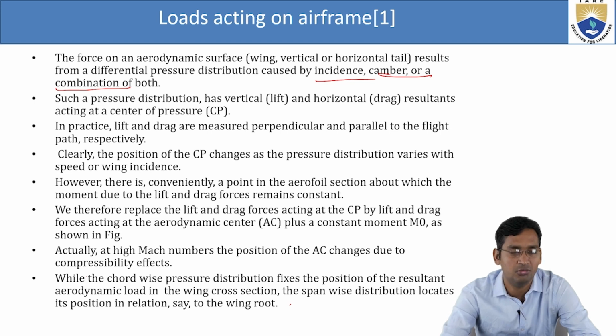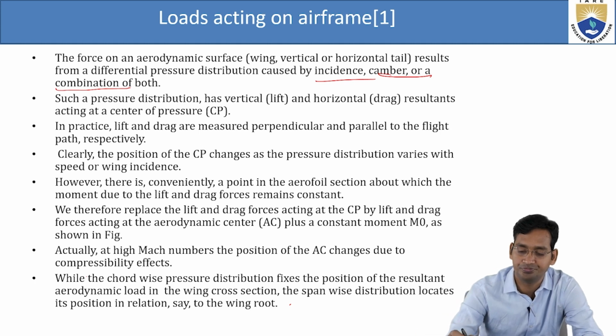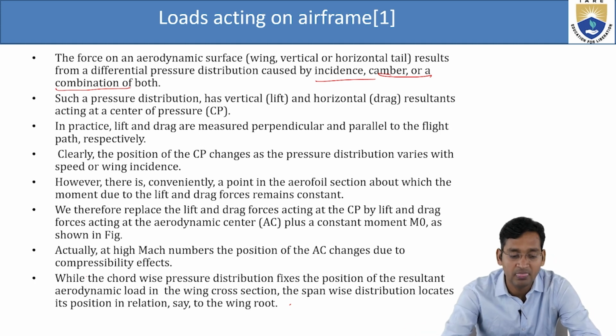If horizontal drag is there, it means thrust will be forward and lift will be upward. In practice, lift and drag are measured perpendicular and parallel to the flight path respectively.